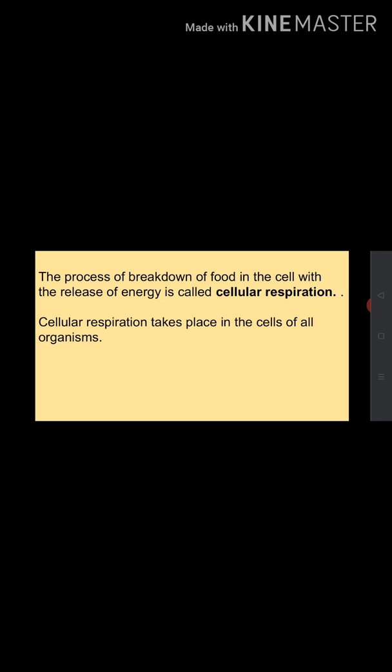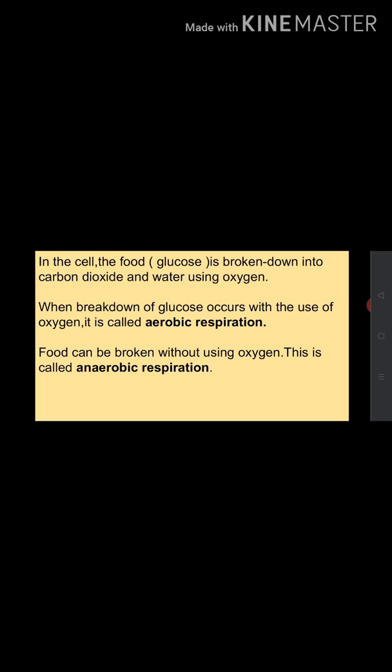In the previous lesson, Nutrition in Animals, you learned that in the cell, food or glucose is broken down into carbon dioxide and water using oxygen. During that process, energy is released.